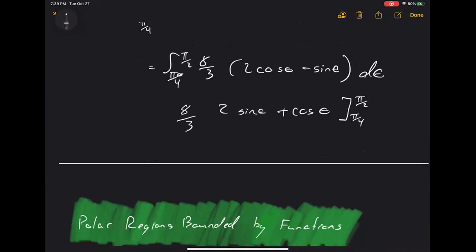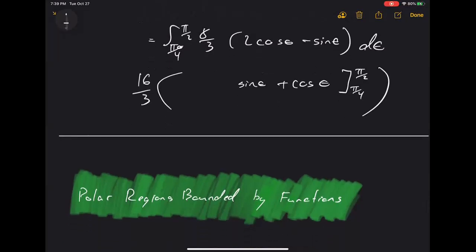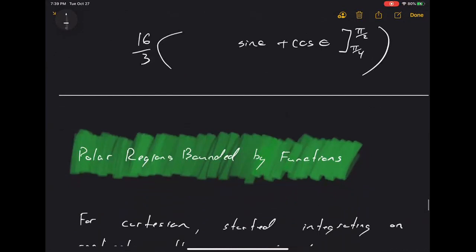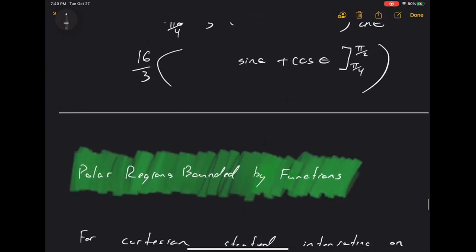I'm just not going to finish this. You can pull out these constants and write it as 16 over 3 times that stuff. The rest is just plugging in those pi's, which I'll let you do on your own if you like. All right.